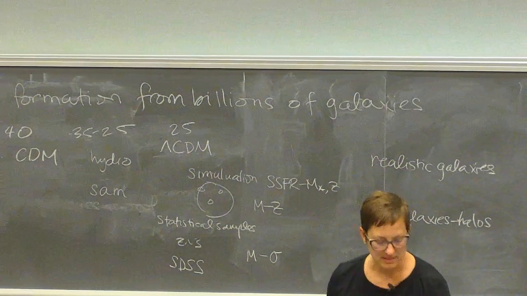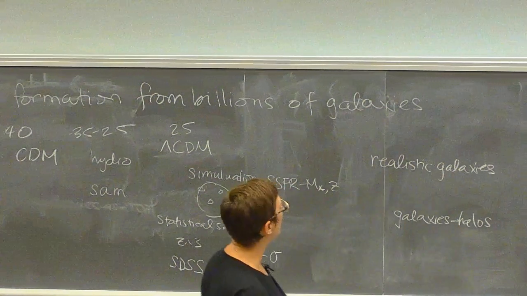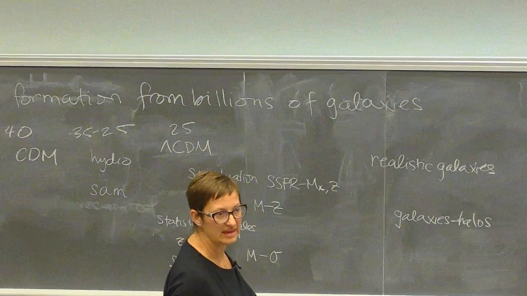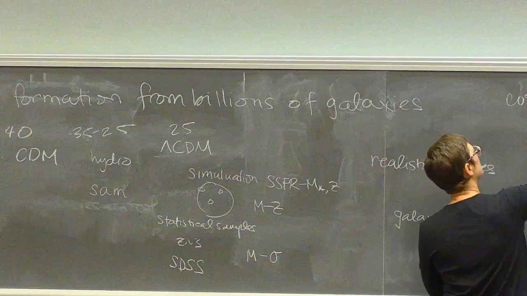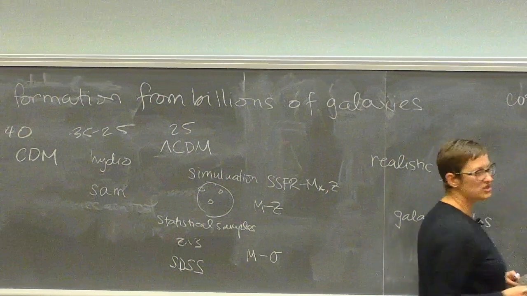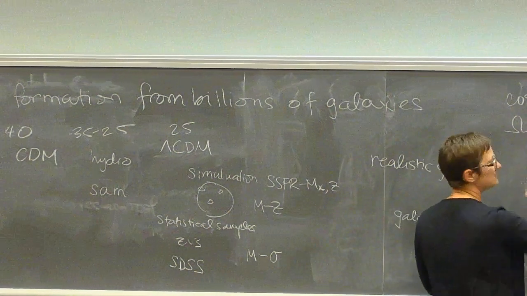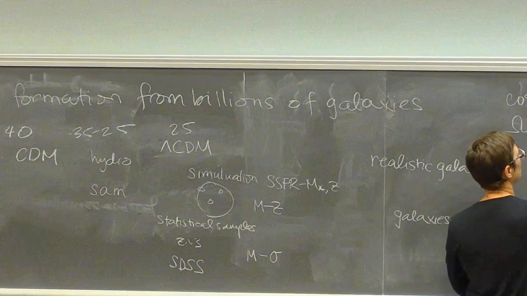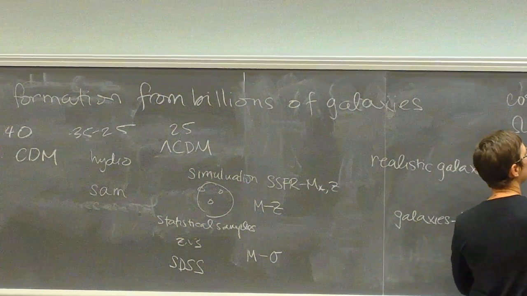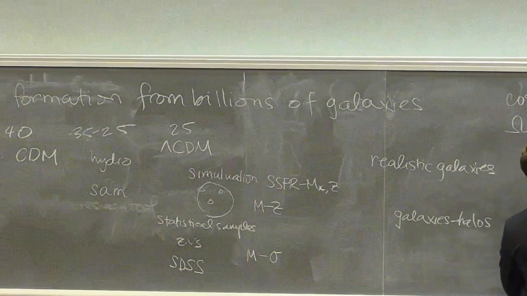Okay, so in the simplest picture to talk about what our theoretical framework is, we have a cosmological model, which essentially you start with some cosmological parameters, right? We have omega matter, omega baryon, omega lambda, omega neutrino.